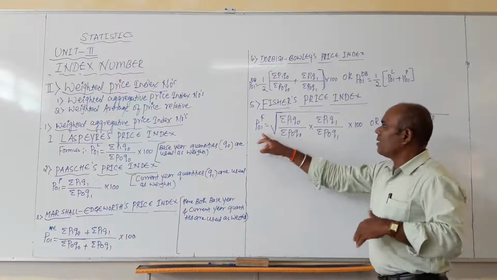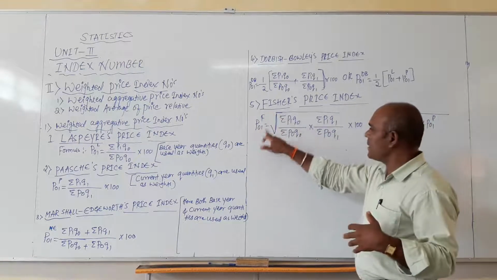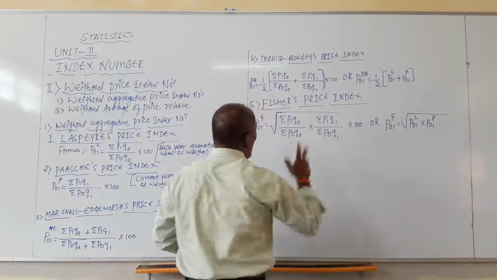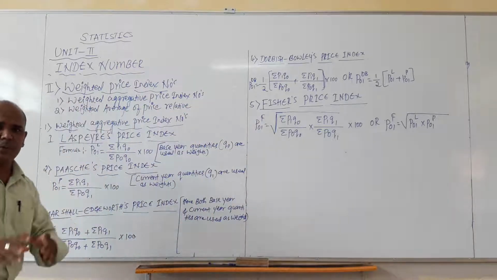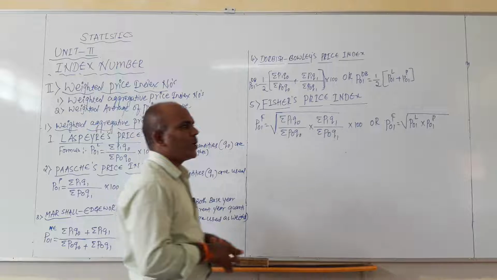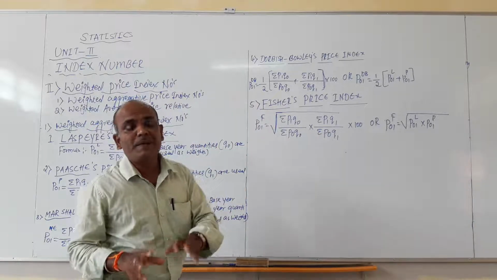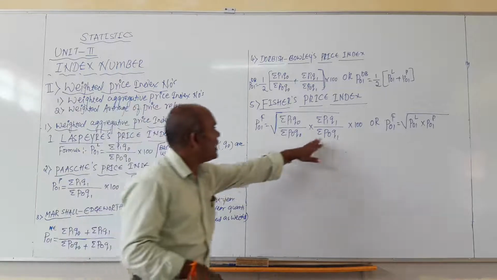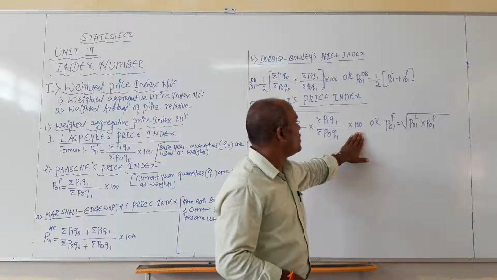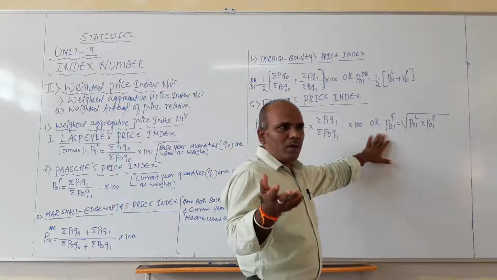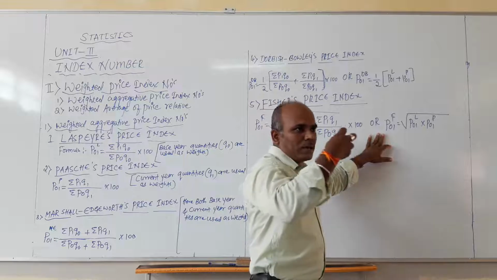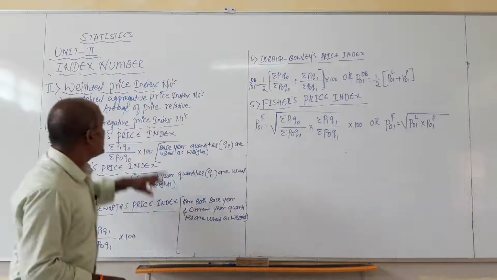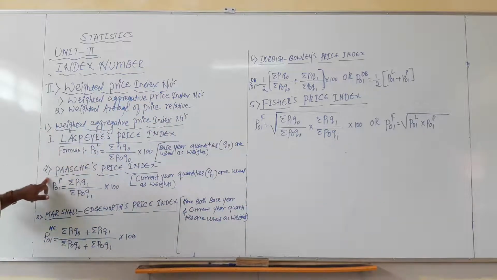The formula for calculation of Fisher's index is P of 0 1 raised to F equals root of summation of P1 Q0 divided by summation of P0 Q0 into summation of P1 Q1 divided by summation of P0 Q1, into 100. Or you can also use a shortcut formula for Fisher's price index only when they ask to calculate Laspeyres and Paasche's.